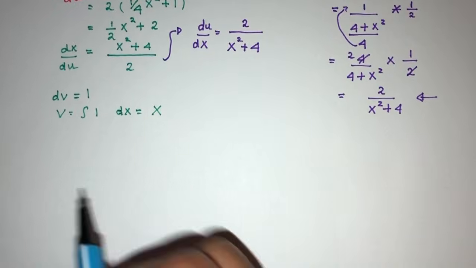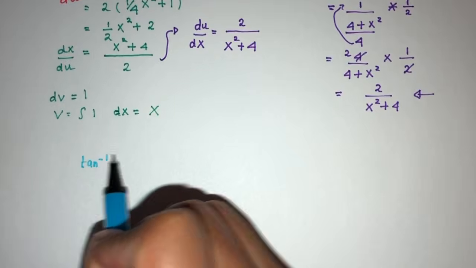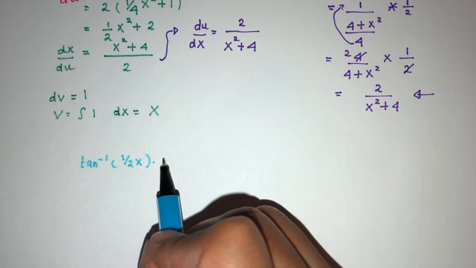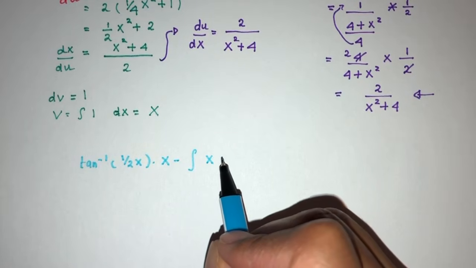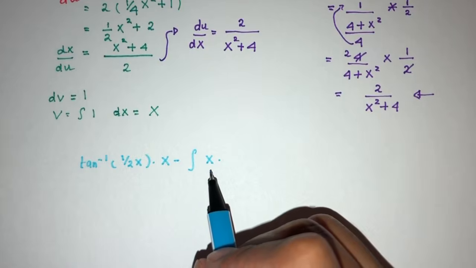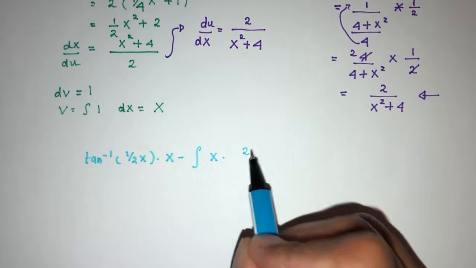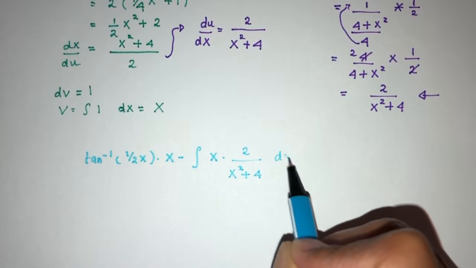So that will be u, which was found to be tan inverse of half x, times v, which is x, minus the integration of v, which is x, times du. Du is found to be 2 over x squared plus 4 dx.